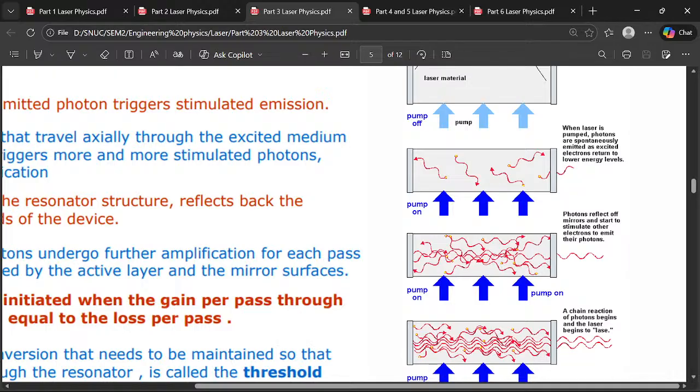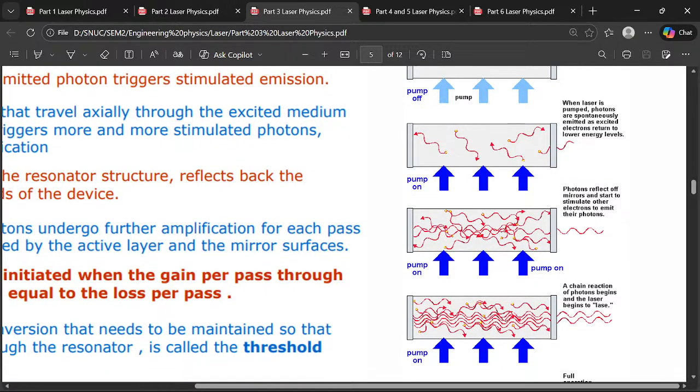When a laser is pumped, the photons are first spontaneously emitted as the atom returns to the lower state. So first it creates a spontaneous emission. Then these spontaneous emissions trigger the stimulated emission, and this cycle goes on and on.